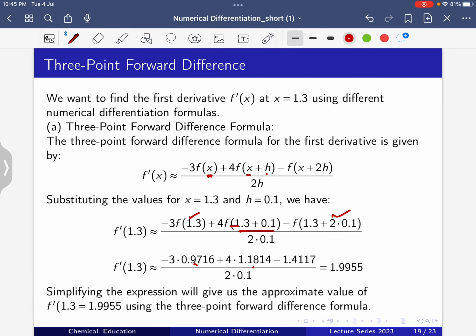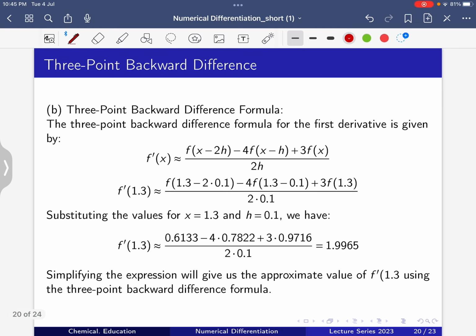So ultimately we plug in all these values, which we took from the data already given in the problem, and finally f'(1.3) will be 1.9955.